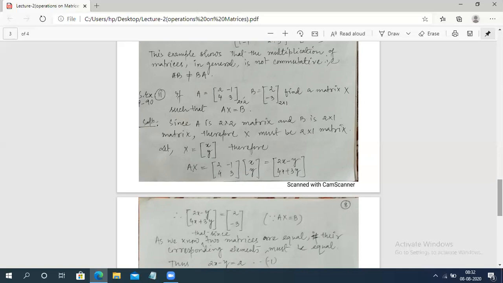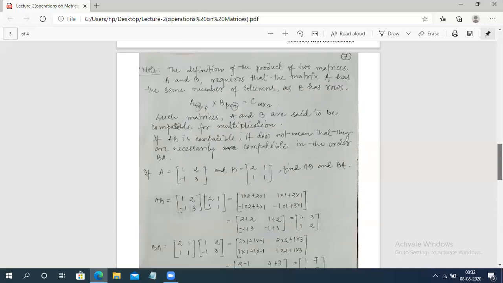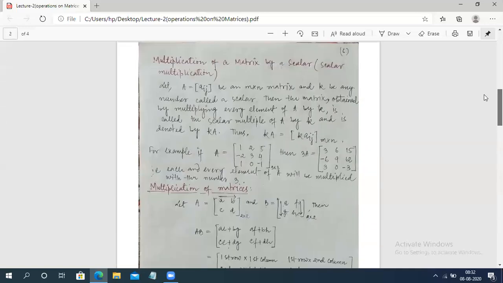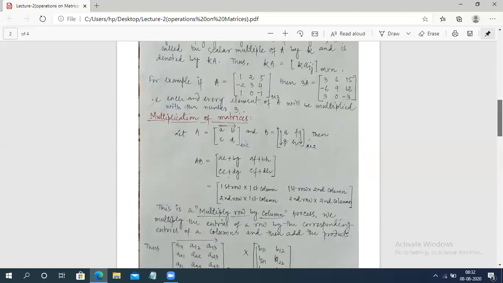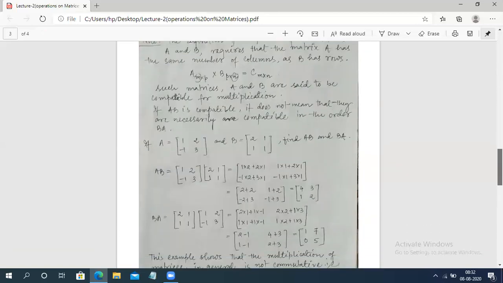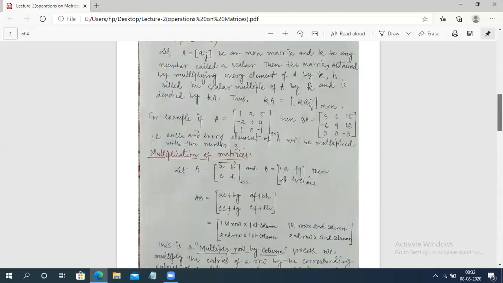So we will discuss those questions in the next lecture by using all these properties, the properties of operations of addition, subtraction, multiplication, and scalar multiplication. By using those properties, we will solve the questions of exercise 3. Okay, thank you.